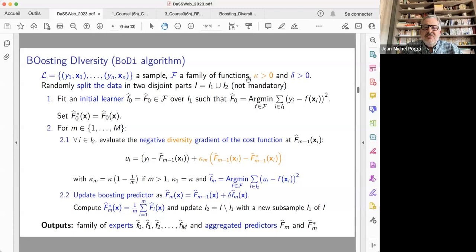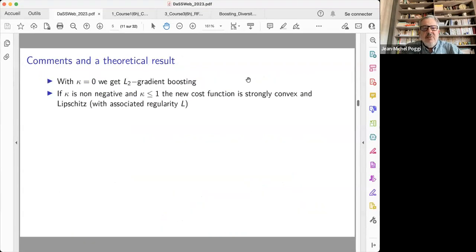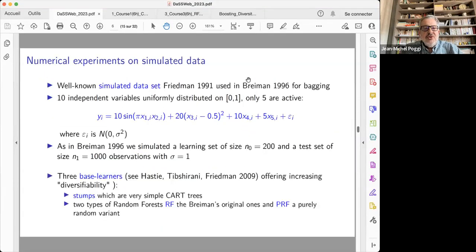What is the method you want to use? So we propose here to use 3 different base learners, which are all based on trees. So I suppose that everyone knows what a regression tree is.